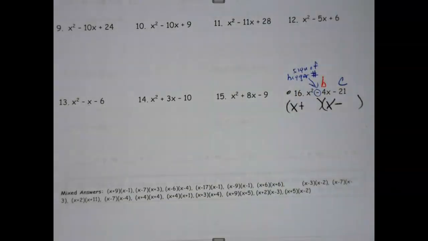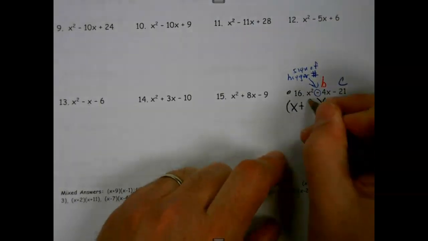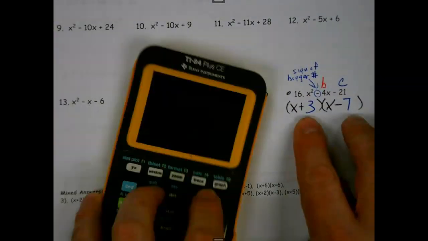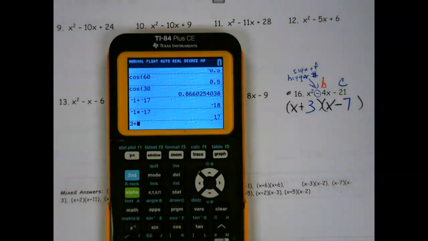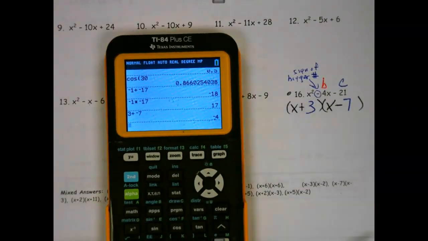So if I know my two numbers are 7 and 3, the negative has to go with my 7, because if I add those up, 3 plus negative 7, that's negative 4.